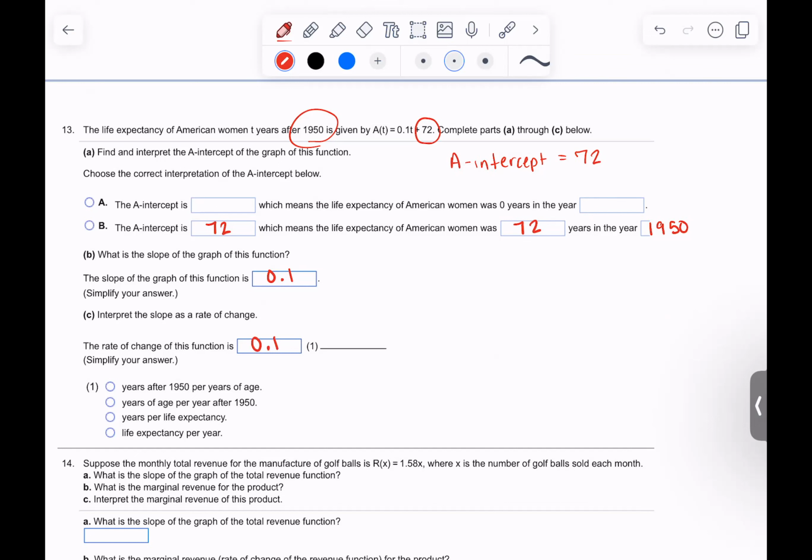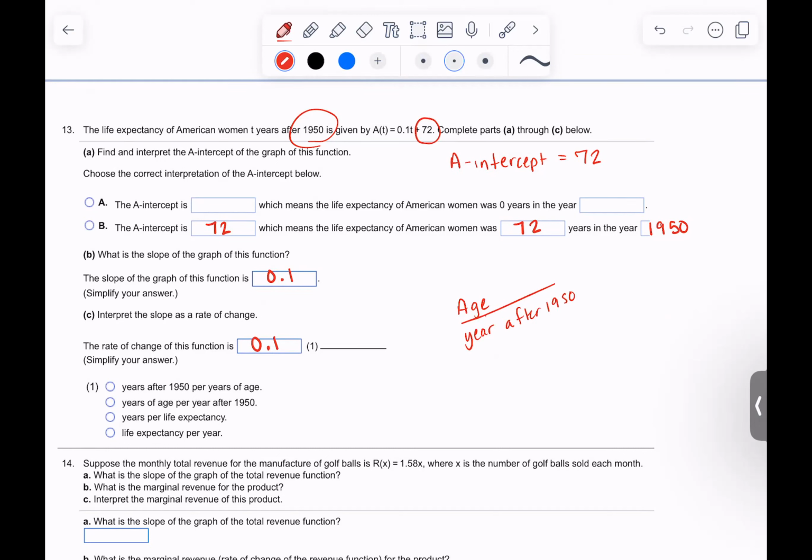So slope is going to be the age per year after 1950, because it's a line data, per year after 1950. Let me write this correctly. Just looking at the function, it's going to be the age of the woman after the year 1950.